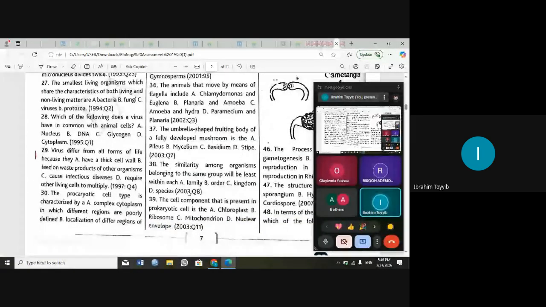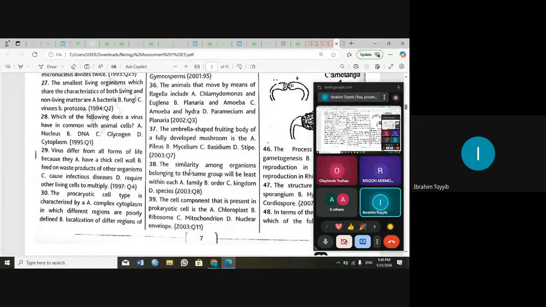The similarity among organisms belonging to the same group will be least within each what? Species? No, they are not talking about the list, the hierarchy of classification.